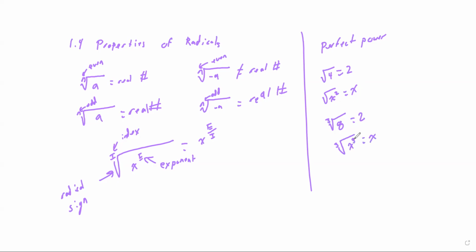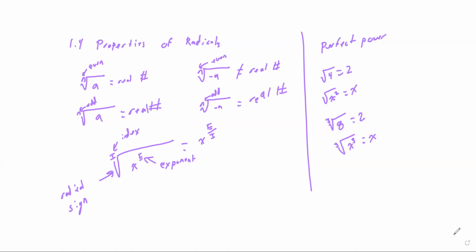So again, a perfect cube, perfect square, perfect fourth, whatever, a perfect power basically means that it evenly turns into a nice, pretty number without a radical. We do want it in its simplest form. So if it can be simplified, we must.